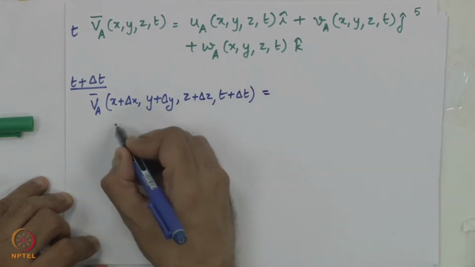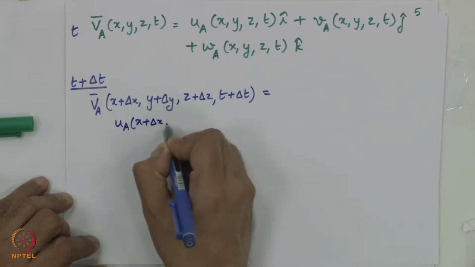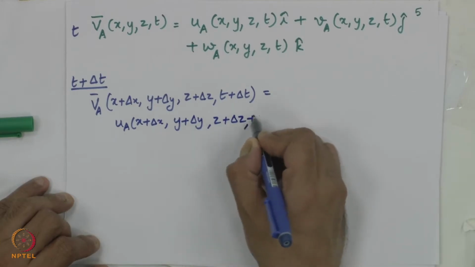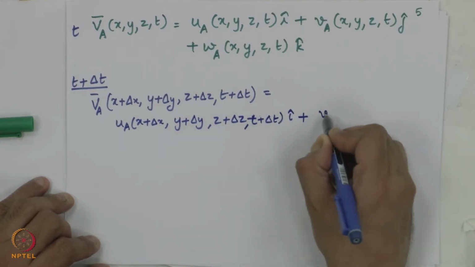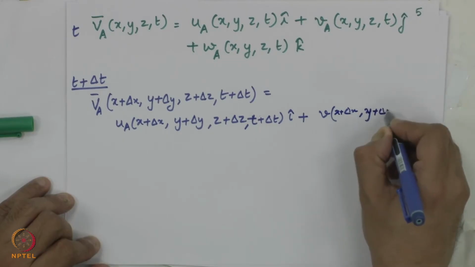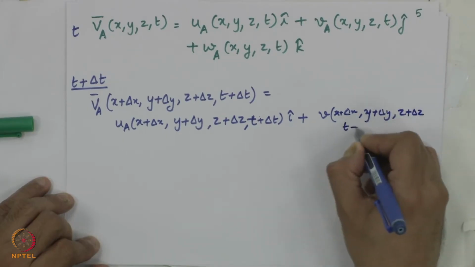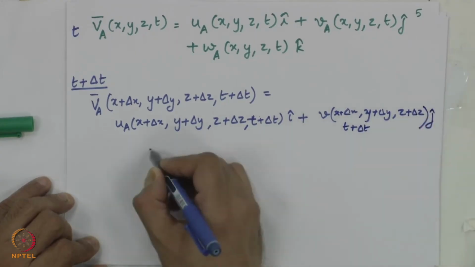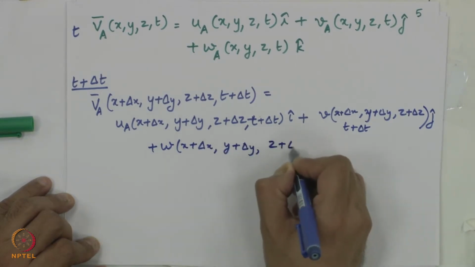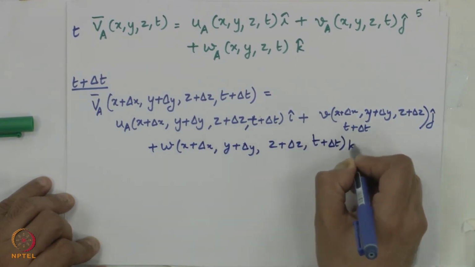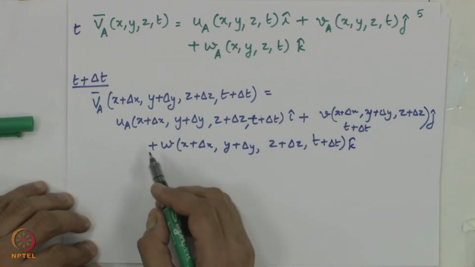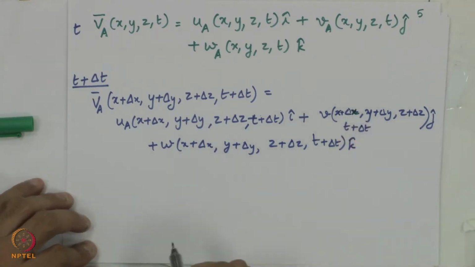Therefore, this is going to be u of A at x plus delta x, y plus delta y, z plus delta z, t plus delta t i cap, plus a similar thing for v at x plus delta x, y plus delta y, z plus delta z, t plus delta t j cap, and w at the same position and time k cap. I have not done anything; I have just written the velocity vector at this new position x plus delta x, y plus delta y, z plus delta z.